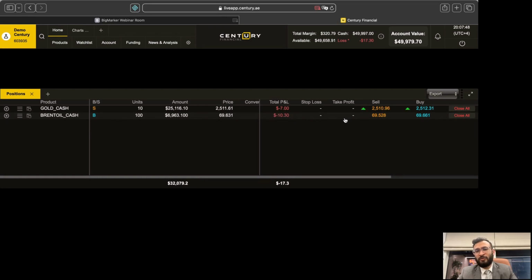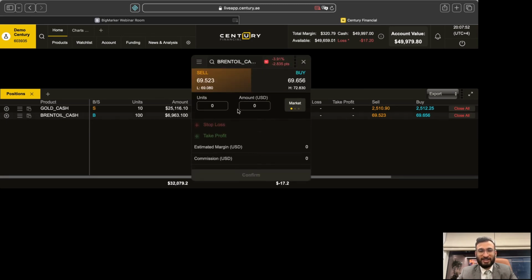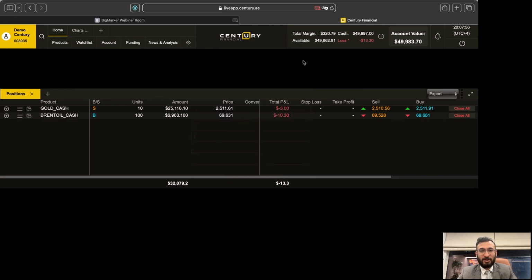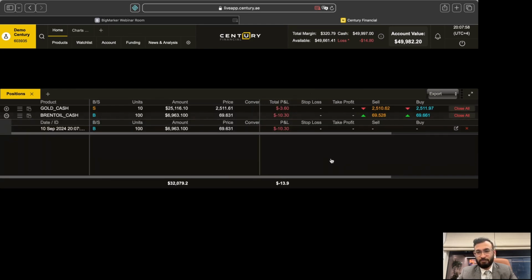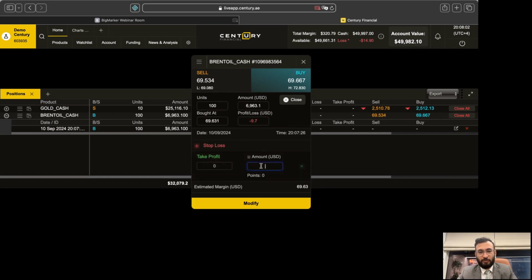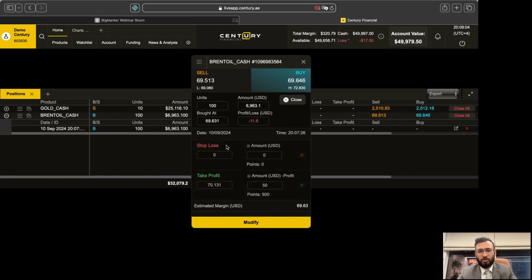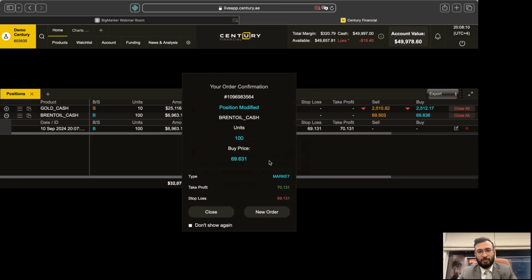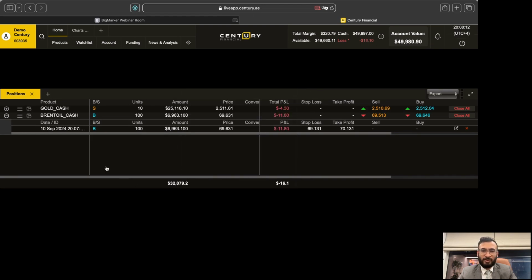So a recovery of 50 cents could make $50 profit for me, and I would want to exit at that. So I can also place my target here, modify my trade, put a take profit of $50. Also keep a stop loss of $50, 1:1 risk reward ratio. Because this is one of the asset classes I'm trading in. So now my stop loss and take profits are in place.